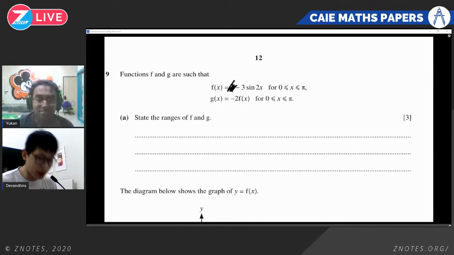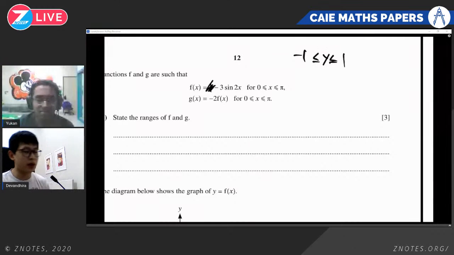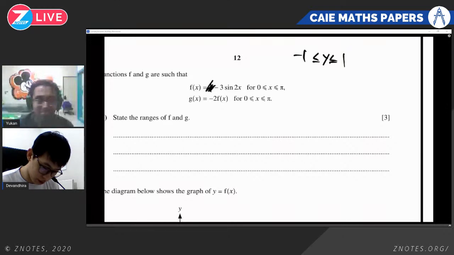Then we multiply it by -3, so it goes from -3 to 3. Let me write it from -1 to 1. Because we multiply it by -3, we go from -3 to 3.